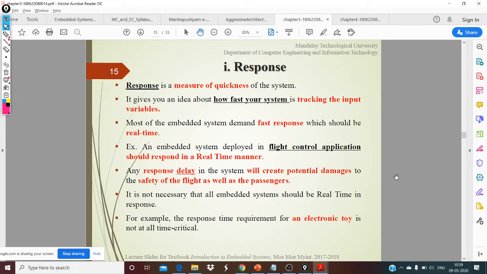If we enter the pin, it will respond. Let me give you an example. You enter the pin. You put in your credit card.